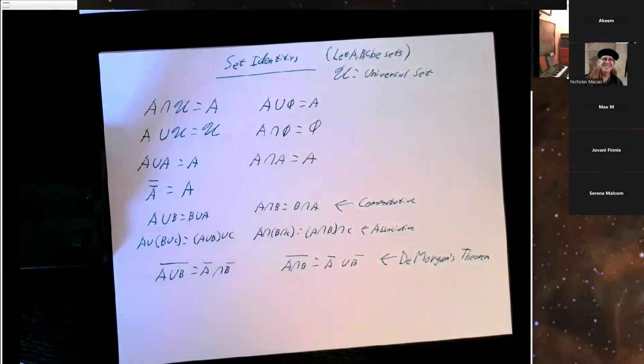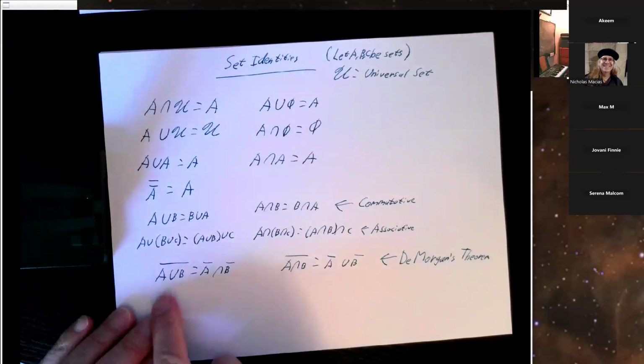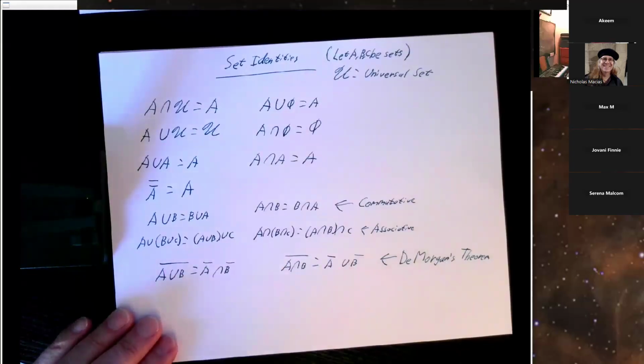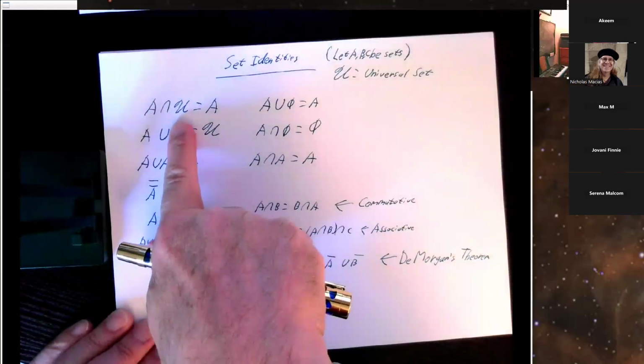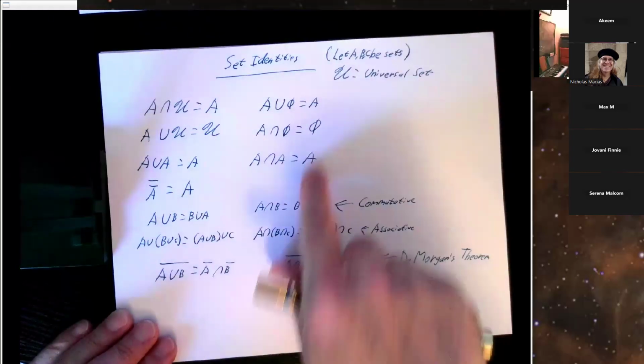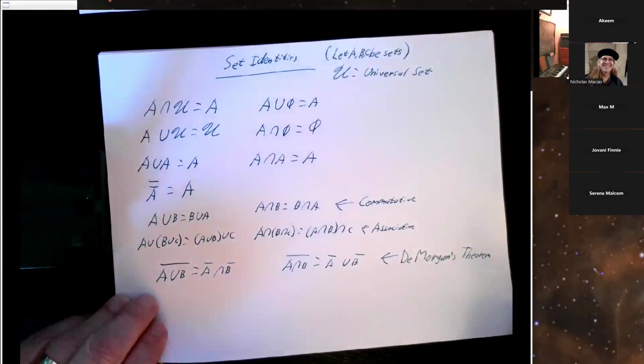And De Morgan's theorem applied to Boolean operations. So if A and B were like trues or falses, A or B complement was A bar and B bar. And so it's almost like the union is taking the place of an or, and the intersection is taking the place of an and. And the universal set is taking the place of a one, and the empty set is taking the place of a zero.